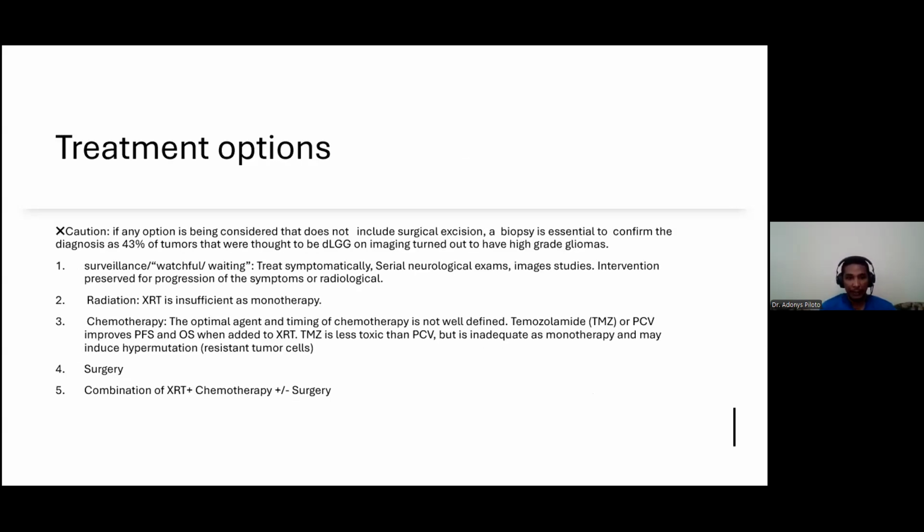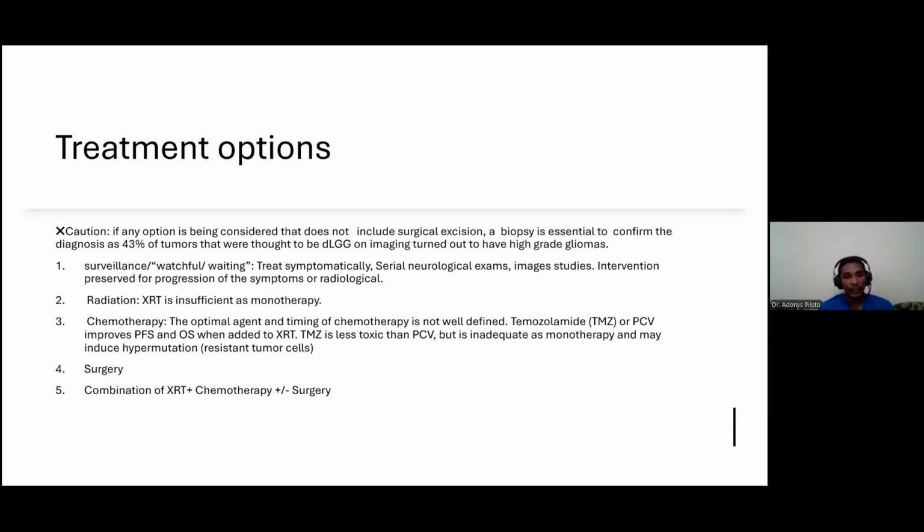Options of treatment. If surgery is not an option for the patient, you should consider biopsy as essential to confirm the diagnosis, because 43% of the tumors thought to be diffuse low-grade glioma on imaging turned out to be high-grade glioma.